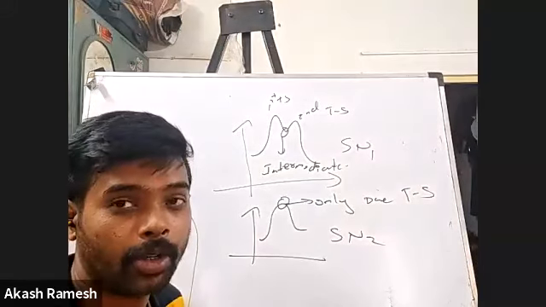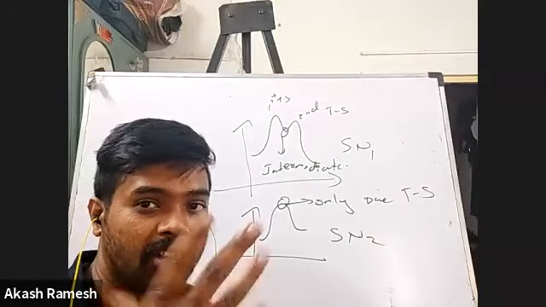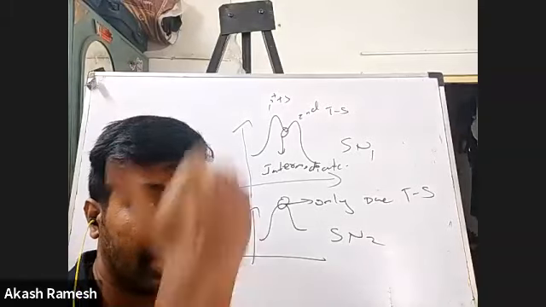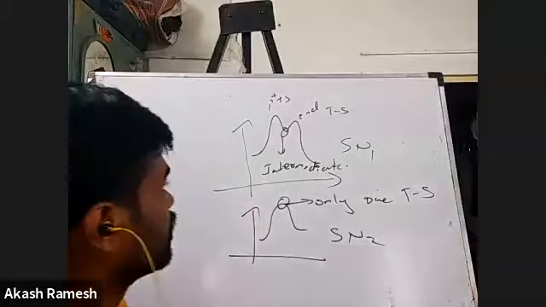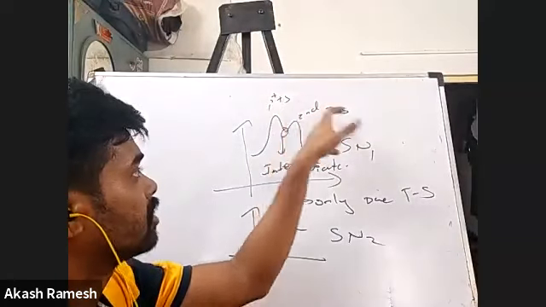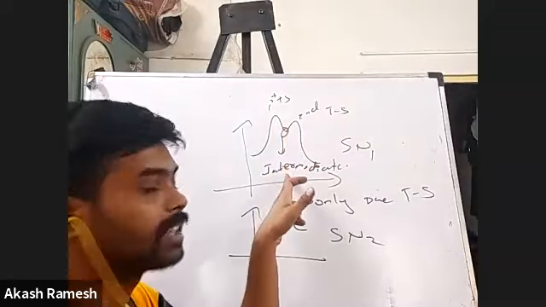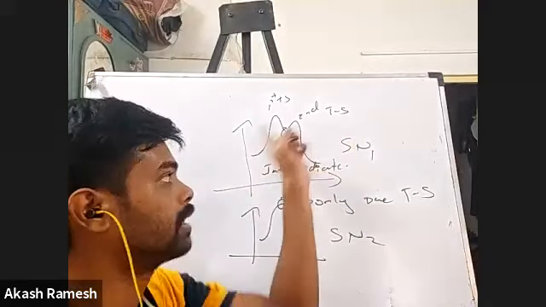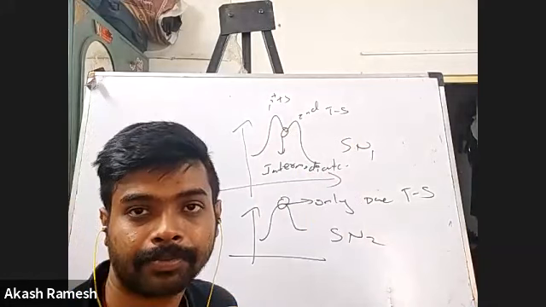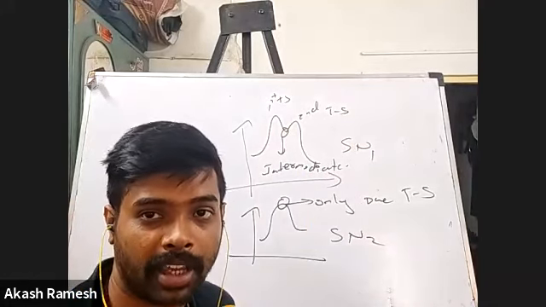Obviously, I told you how energy and stability are related, right? High energy, less stability. Energy and stability are inversely related. So you can see, compared to the transition states here, the intermediates have lesser energy, indicating that intermediates are more stable than the transition states. Are you able to get what I'm saying, guys?